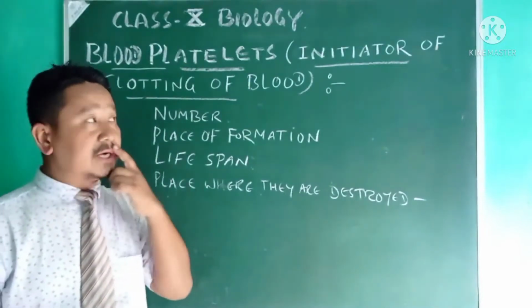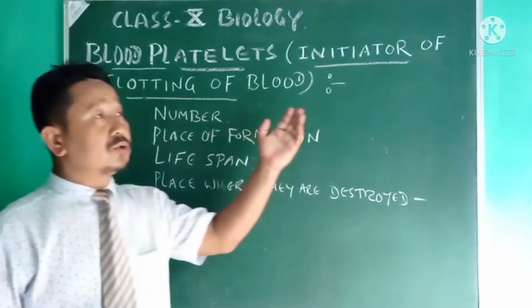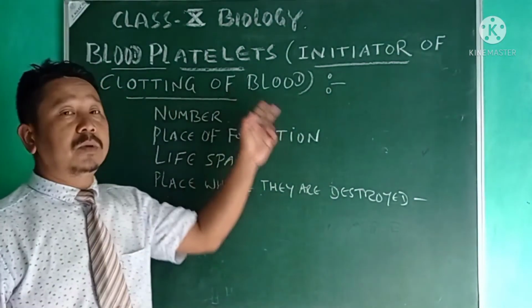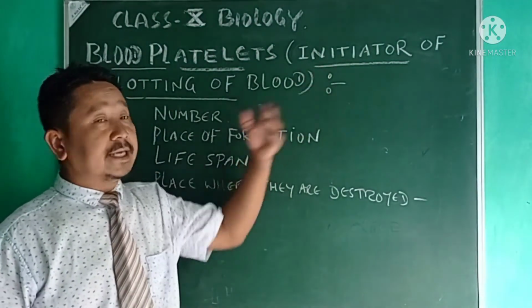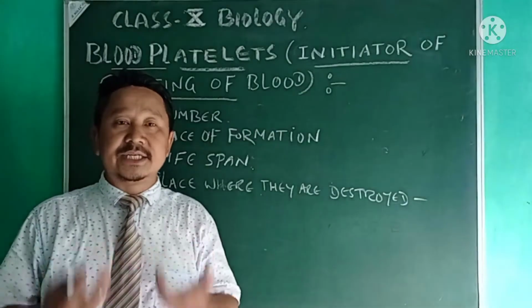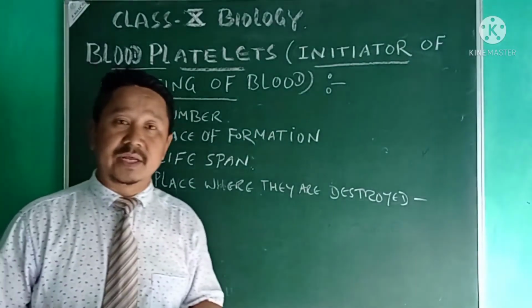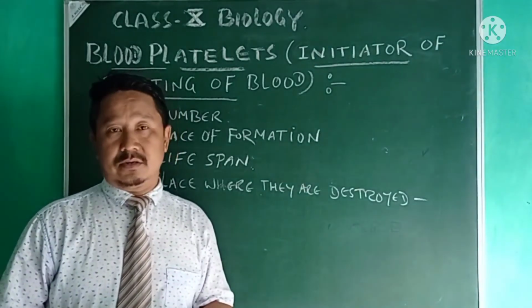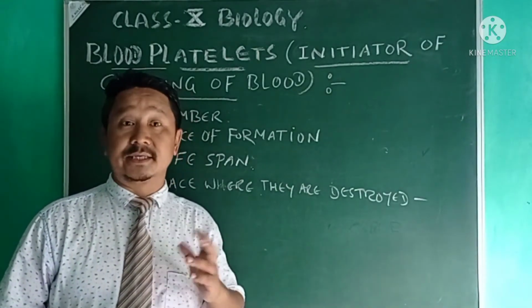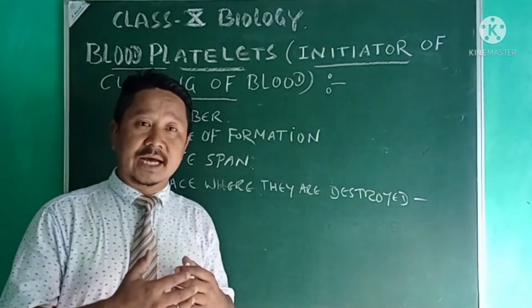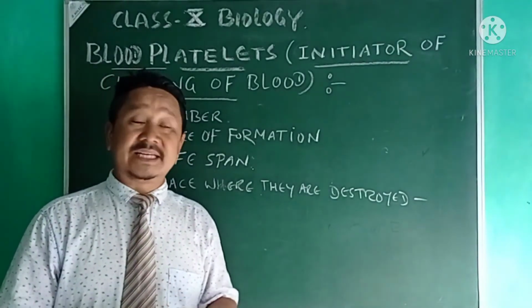Blood platelets are also known as the initiator of clotting of blood. That means they are the ones which initiate the clotting of blood, because clotting of blood is very important when we are injured. When some part is accidentally cut, we know that the blood starts flowing, and after some time it has to be stopped.